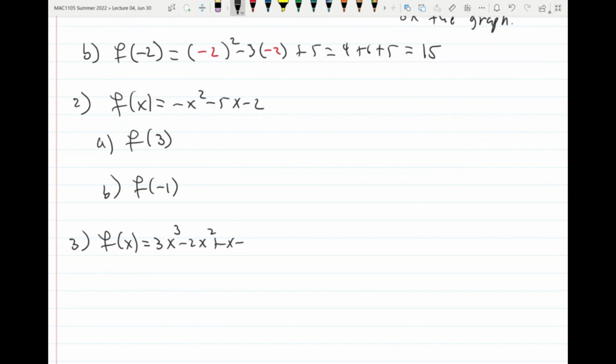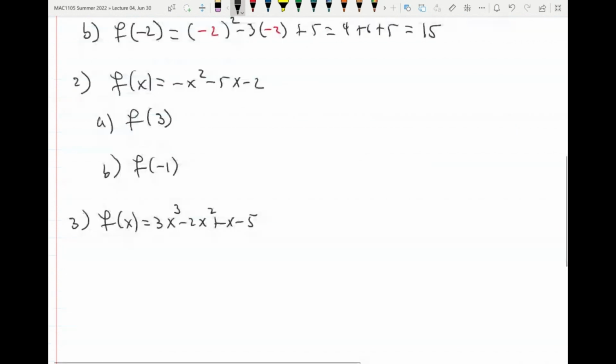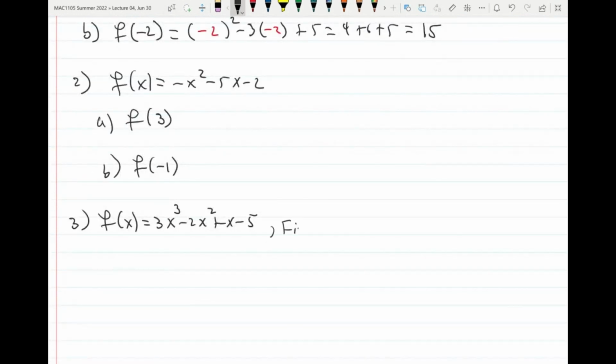And for this one, find this. And I'm serious about what I just wrote in there. Okay? So do 2 and 3.